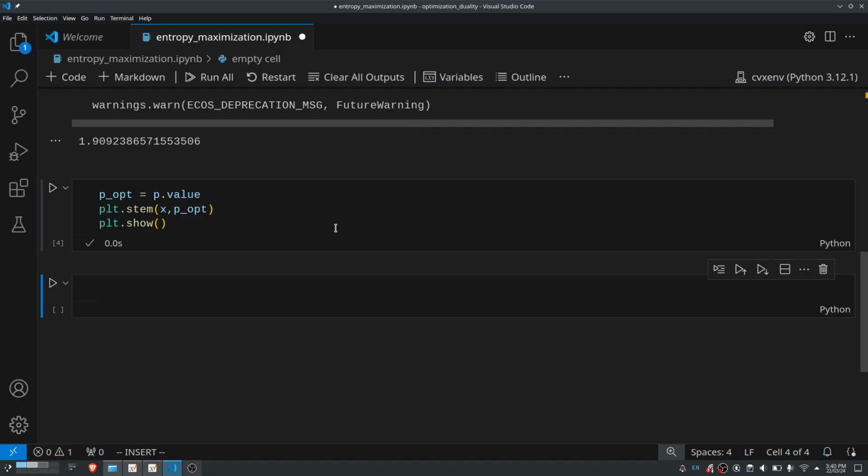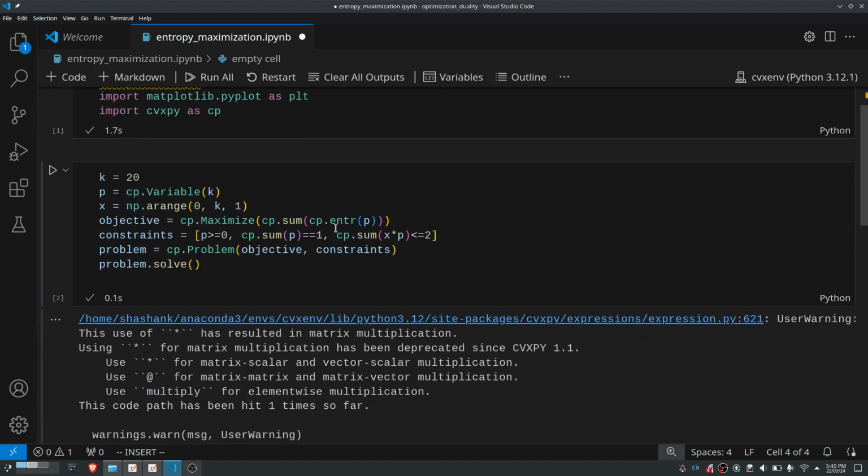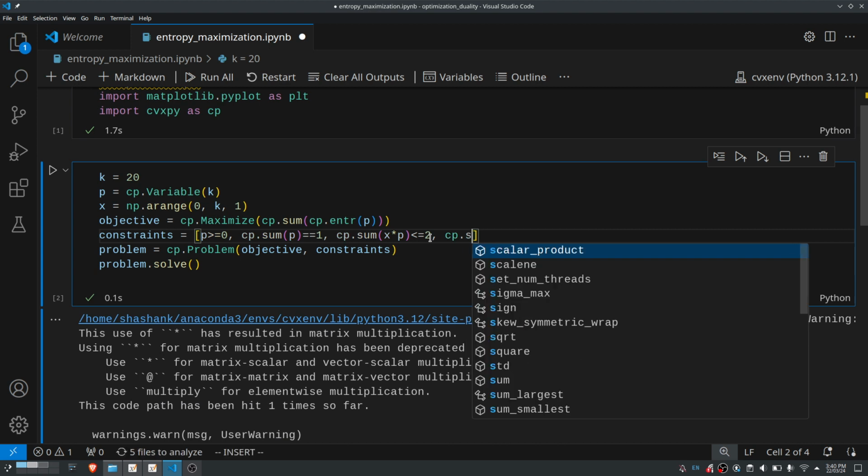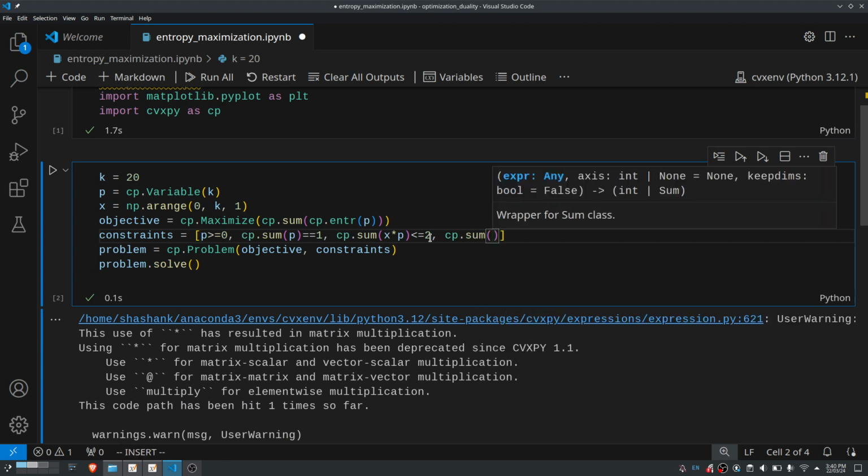Now you could also impose a variance constraint or a second moment constraint. So let's go ahead and do that. The only constraint that I need to add is that x square times p is less than or equal to, let's say, 3.